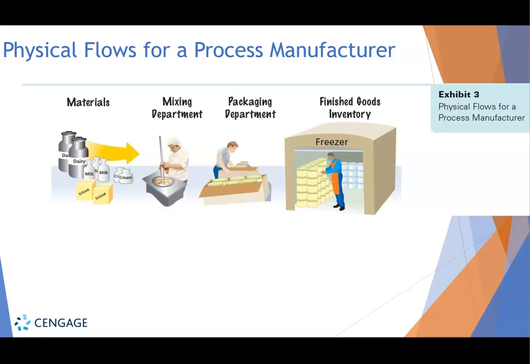In the packaging department, the ice cream is received from the mixing department in a form ready for packaging. The packaging department uses direct labor and factory overhead to package the ice cream into 1-gallon containers. The ice cream is then transferred to finished goods, where it's frozen and stored in freezers prior to shipment to the customers.